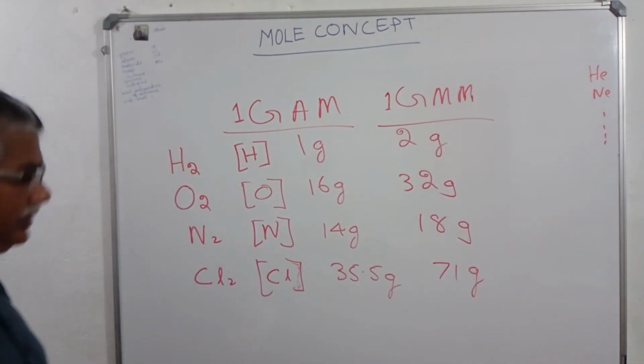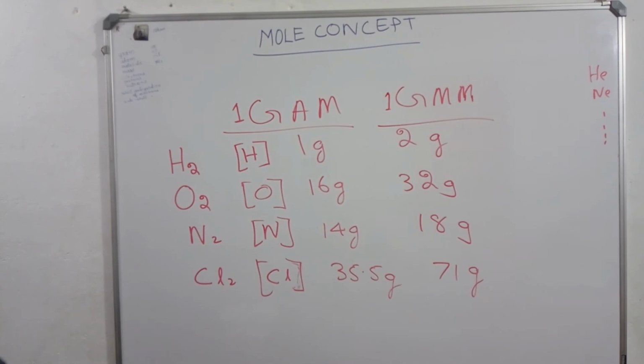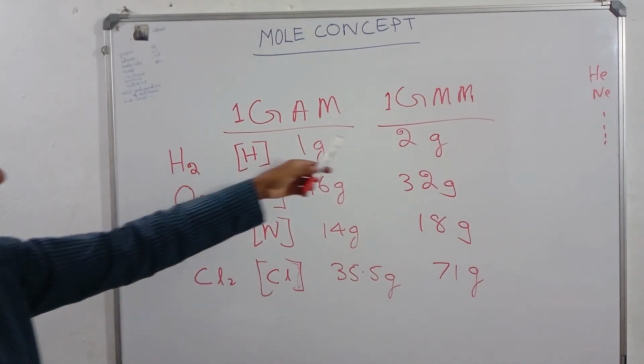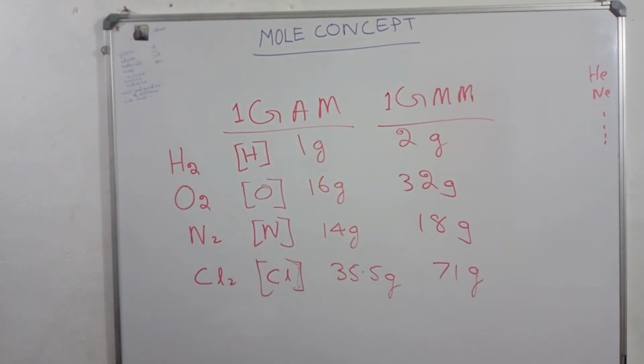So no need of any confusion about GAM and GMM. Likewise, you can assess all the gases which are engaged in chemical reaction. I think there is no confusion about GAM and GMM in case of diatomic gases. Other elements have no such confusion.